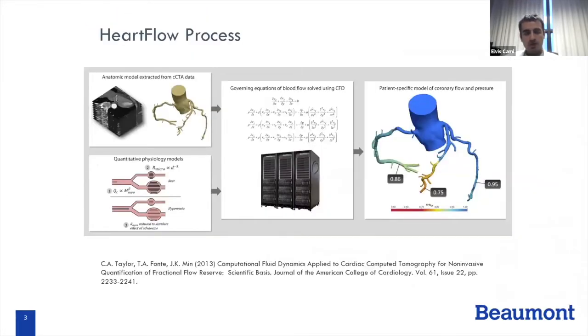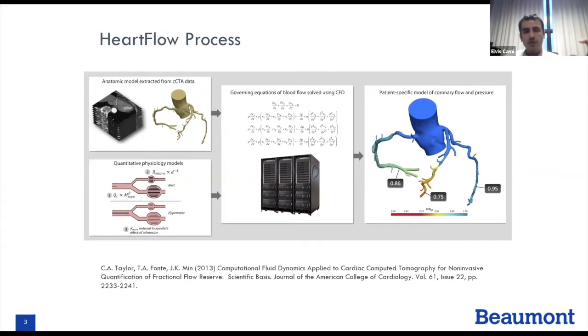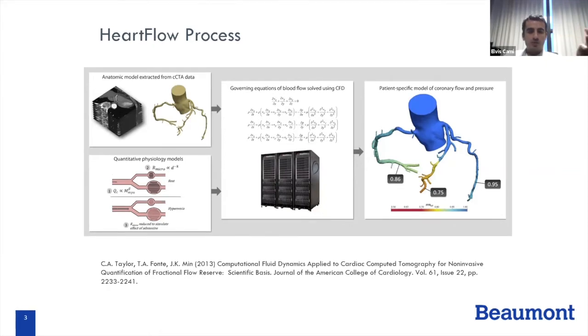The steps, very abbreviated, that go into obtaining FFRCT: you start with the 3D data sets from the coronary CT. Those DICOM images are then sent to the company, which is HeartFlow.